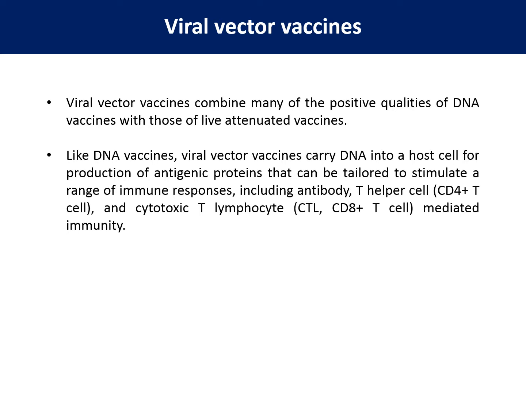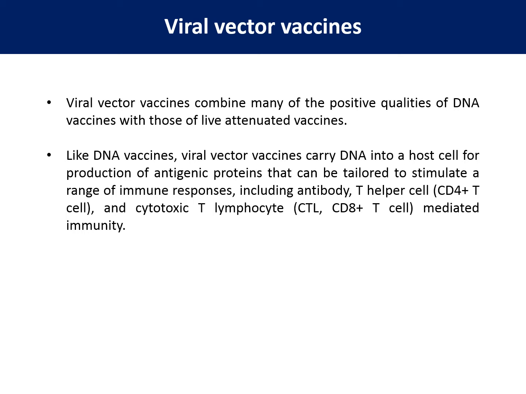So viral vectors combine many positive qualities of DNA vaccines with those of live attenuated vaccines. Like I mentioned in our previous lecture on recombinant vaccines, when we use a subunit, for example a protein or just DNA, it lacks the danger signals compared to live attenuated vaccines.